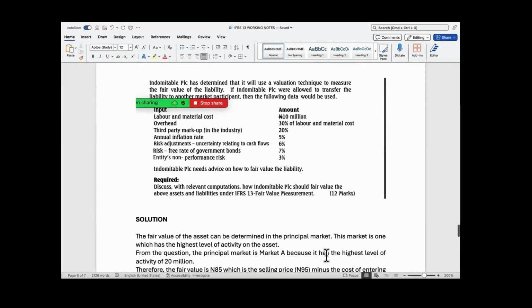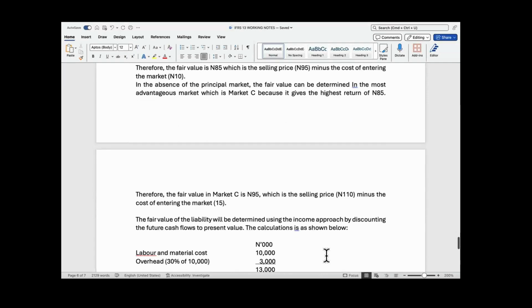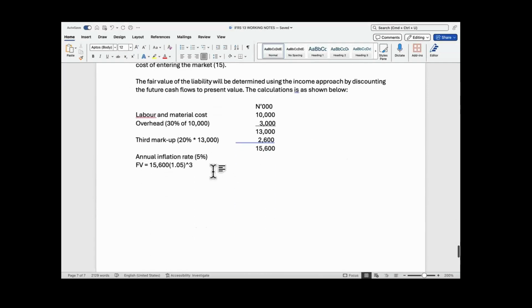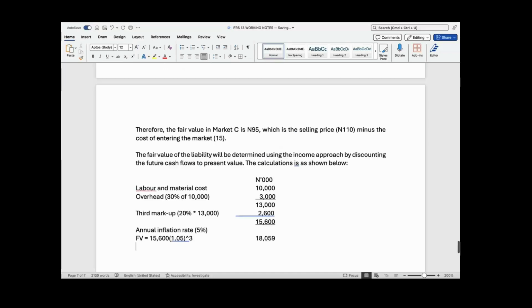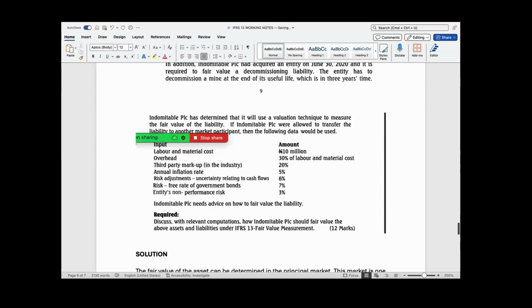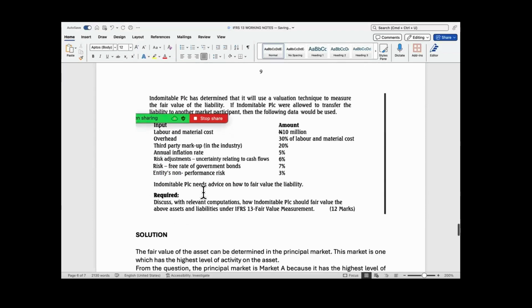So if you are increasing this 15,600 by 5% every year, it's like compounding interest. So what does that come to? 18,059. Okay, 18,059.